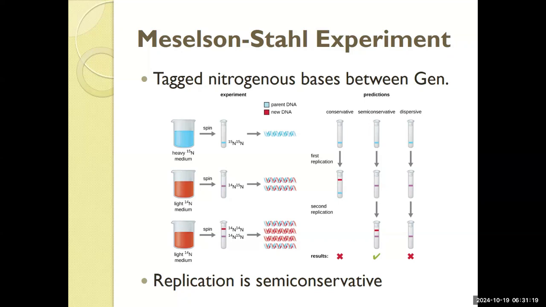What they found was in the first generation, there was a blue strand indicating that the parent DNA had been made correctly. Replication after that, it was a purple strand. And in the third replication, they had purple and red, suggesting that the second copy was a mix of blue and red. And after that, all subsequent copies contained only the new red nucleotide.